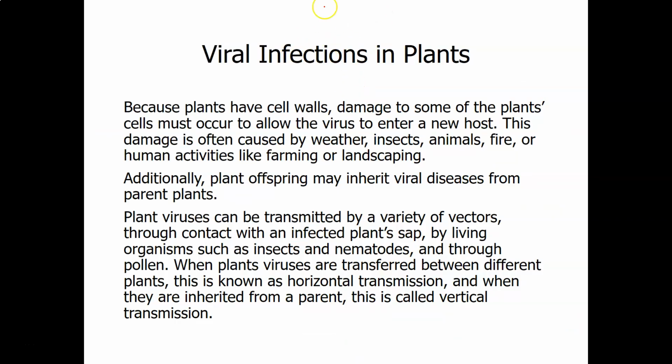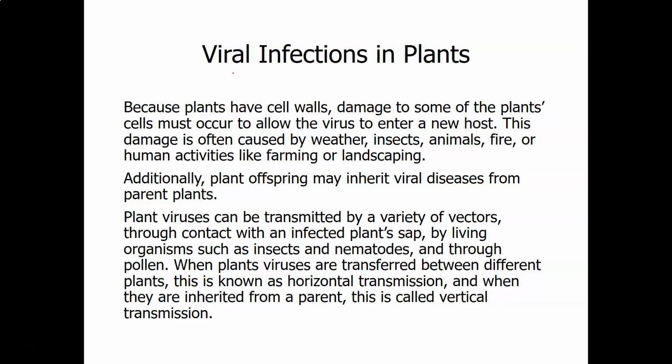Sorry about that pause. Okay, so plants do have cell walls, so damage to the plant cells has to happen before the virus can enter the host cell. This damage can be caused by weather, like wind and rain and hail, that kind of thing.